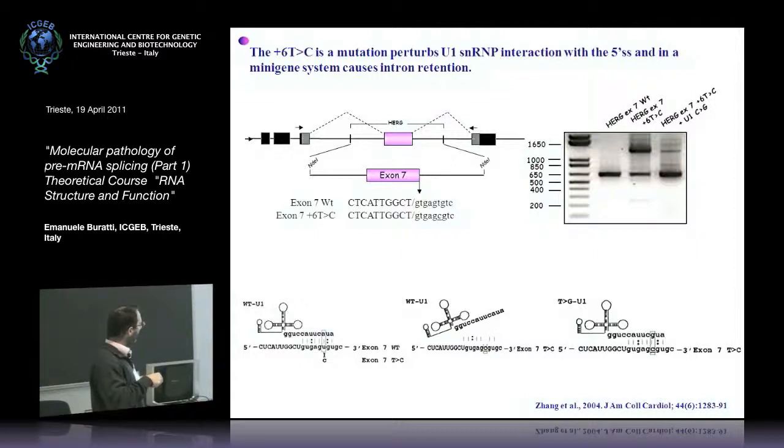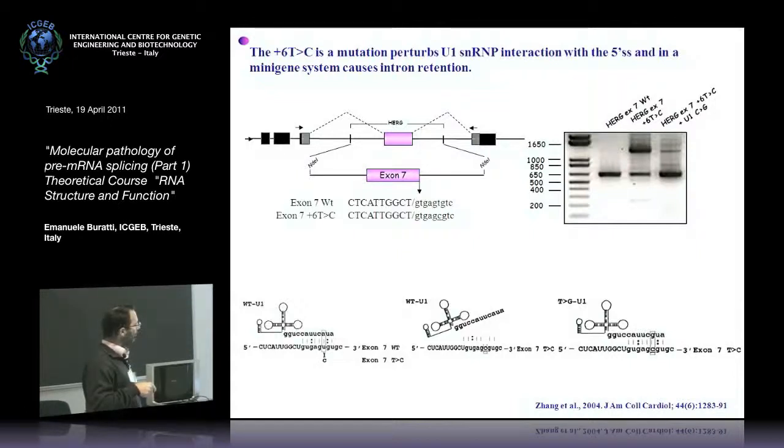When you have a replacement of a T for a C, this base pairing cannot occur anymore, and so one would suggest that in the presence of this mutation, U1 snRNP would not be able to recognize the 5' splice site any longer, and this was proven by us because what we did was to make a mutant U1 snRNP that instead of carrying an A in this position here, it carried the G.